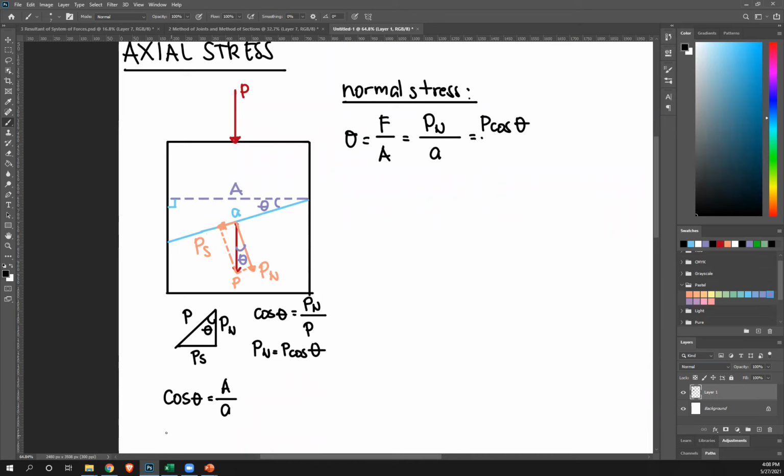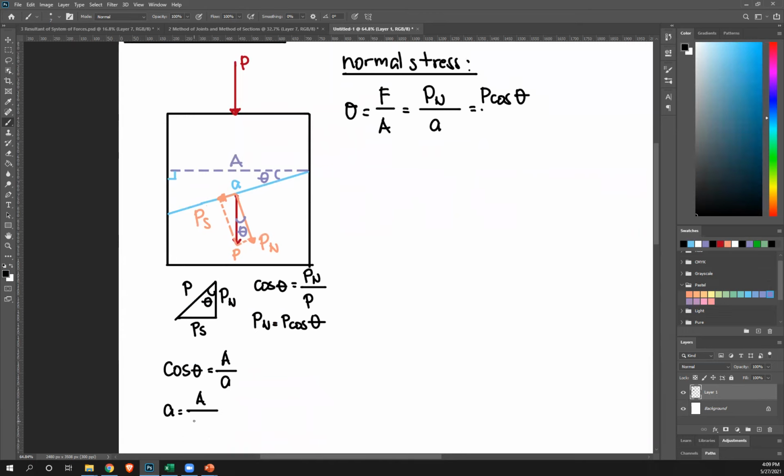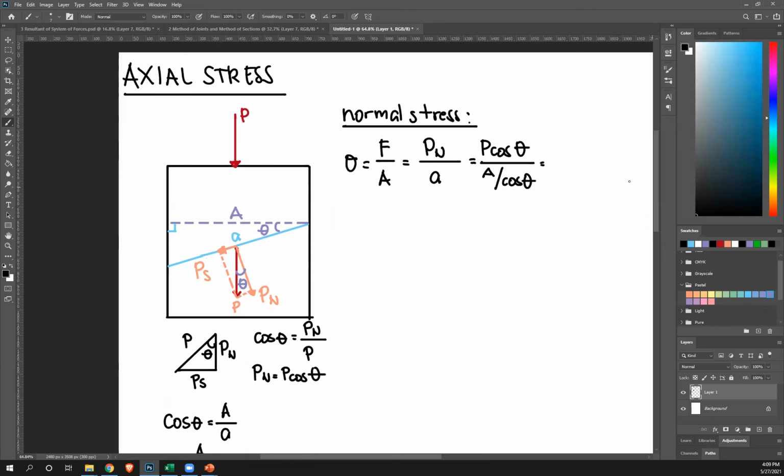Therefore, small a is capital A over cosine theta. Just sub that here. A over cosine theta. So simplifying, we get sigma equals P over A, cosine times cosine, cosine squared theta. That's your equation for normal stress on an inclined plane, where A, once again, is the cross-sectional area. So you don't even need the slanted area to get it. Okay. Now what about shear stress?